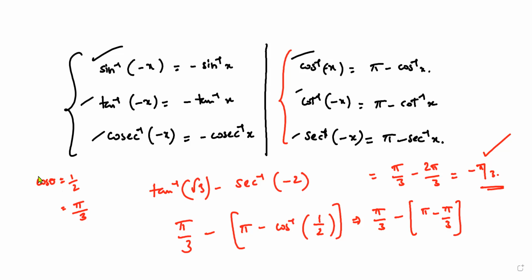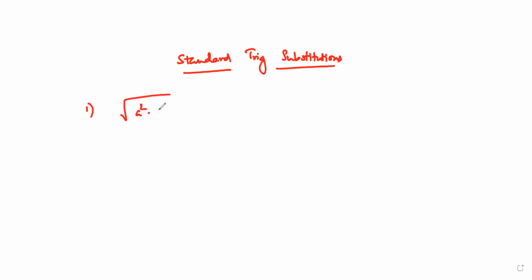To simplify our work, I will give you some standard trigonometric substitutions. If you know these, when you get such a form in the formula, you can directly put it in. If the function has root of a square minus x square, take x equal to a sin theta or a cos theta.